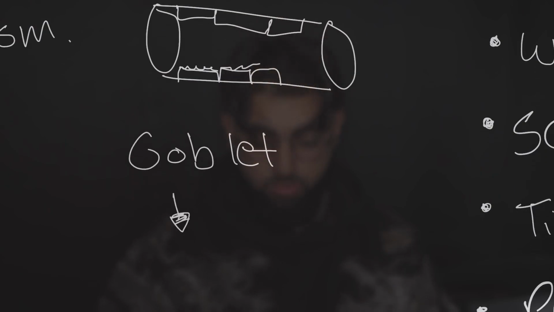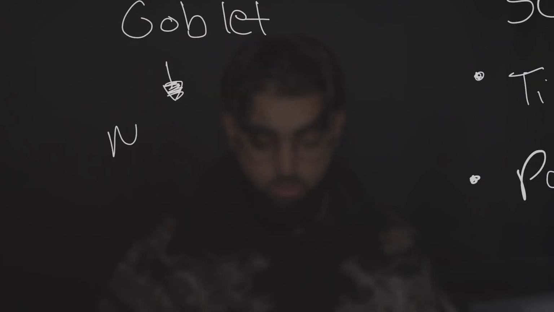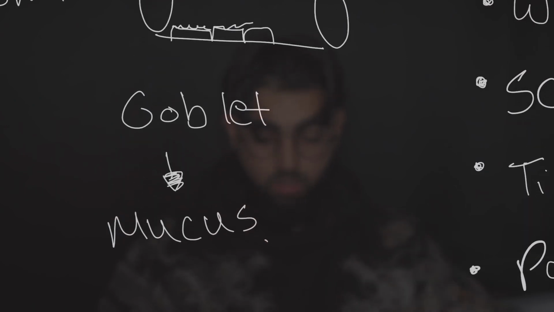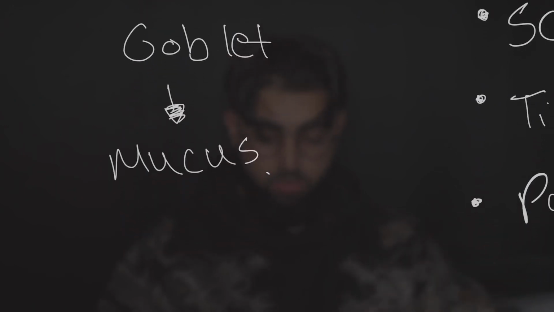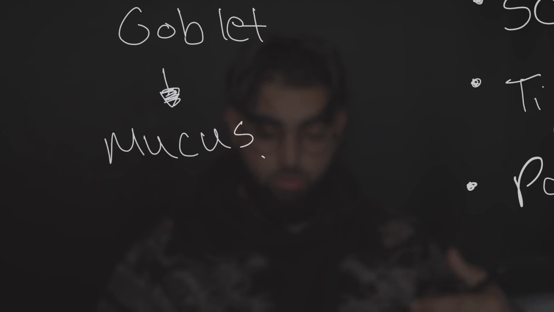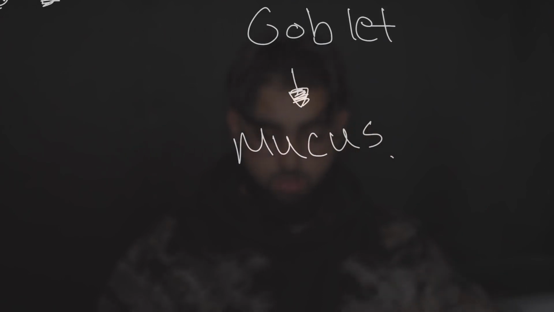Goblet cells secrete something called mucus. In otherwise healthier patients, this mucus is very important in the normal functioning of the lungs, as it traps certain pathogens and allows us to then swallow the mucus and kill off the bacteria that may cause us infections.